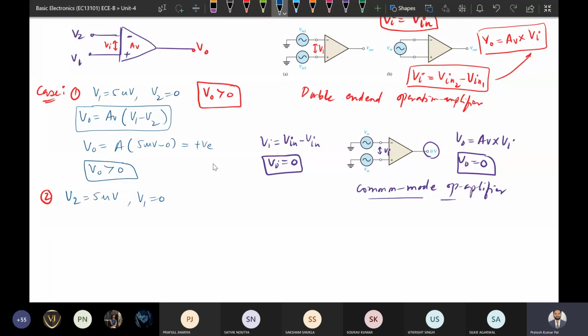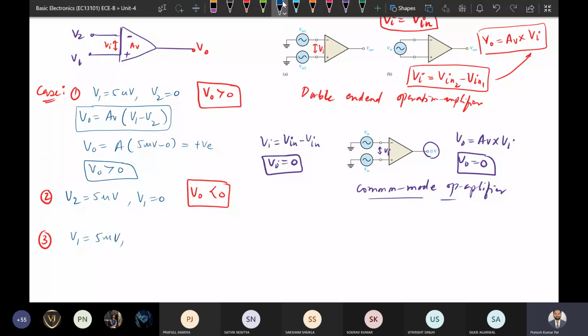The output voltage that we will be getting is negative, that means output voltage is less than 0.